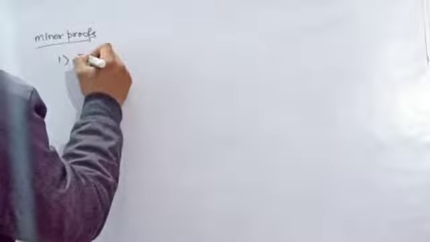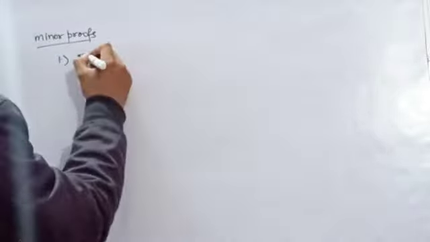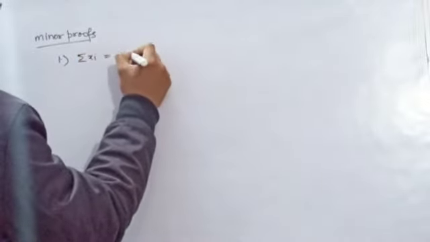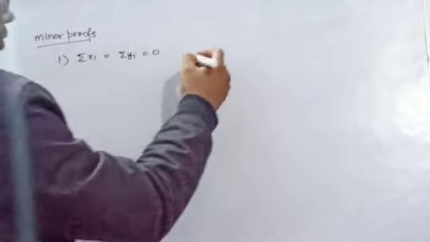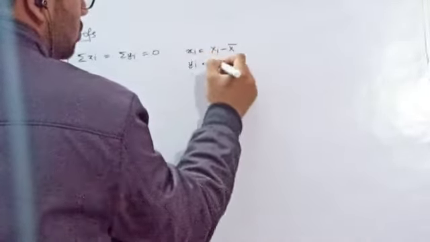The first one is summation small xi is equal to summation small yi is equal to 0. What is small xi? Small xi is capital Xi minus x bar, and small yi is capital Yi minus y bar.